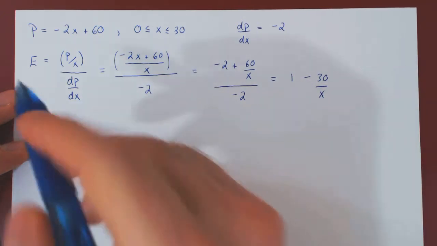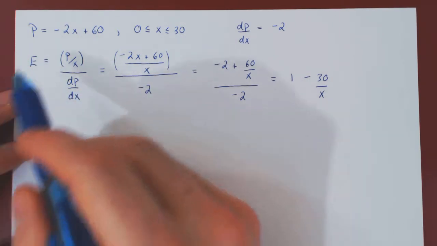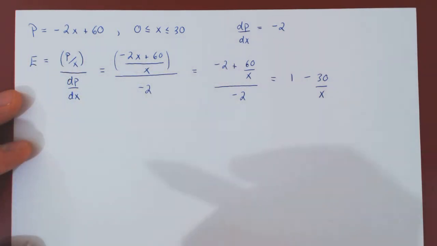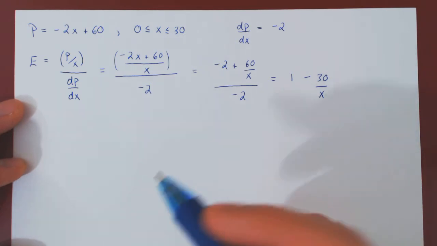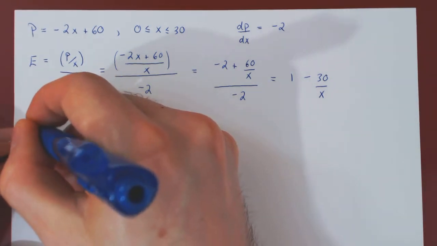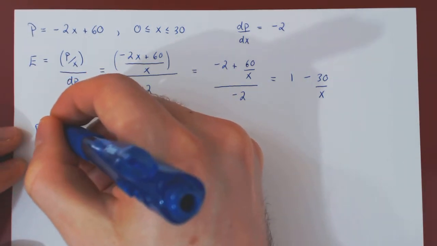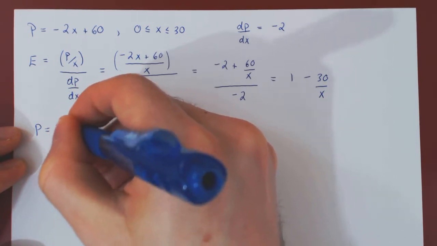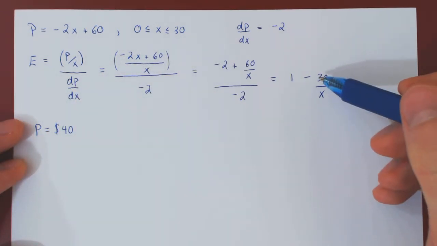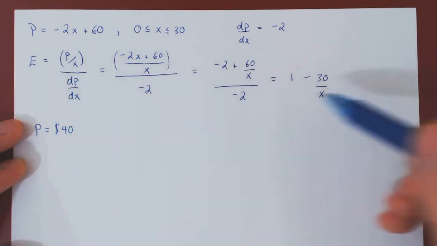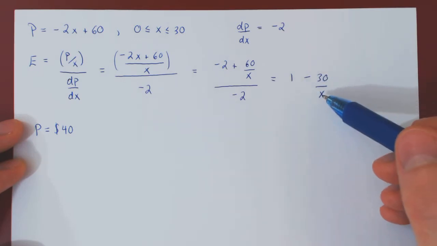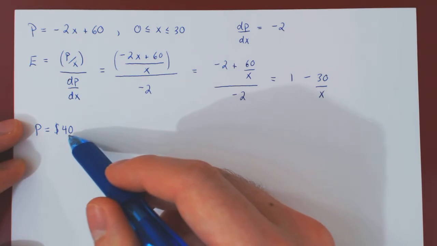So let's now calculate E for three different values of P. So suppose first that the price is $40. Well, we can only calculate E as it is a function of X if we have the corresponding X value given a price of $40.